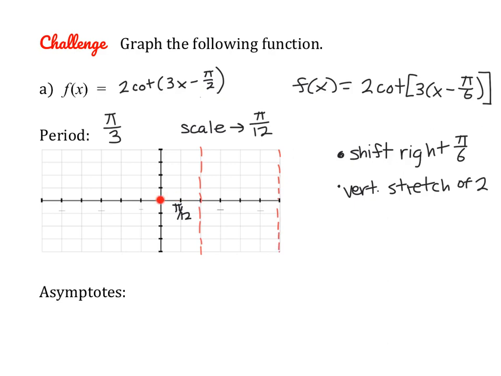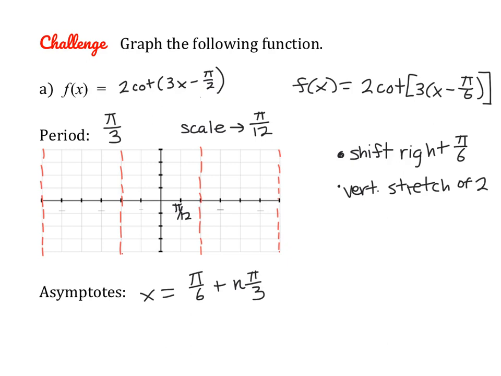And you can even do one more if you wanted to. If we make the equation for those repeating asymptotes, it'd be x equals pi over 6 plus n pi over 3. So pick one to start and then say how often they reoccur.